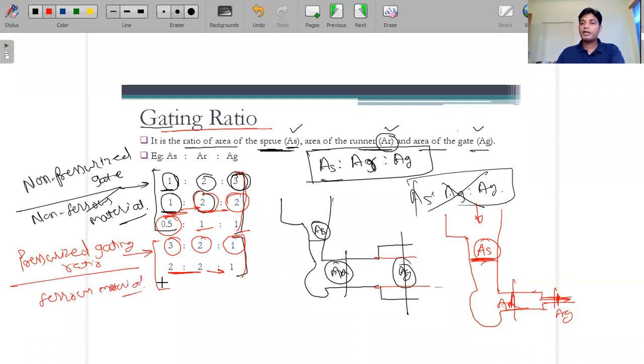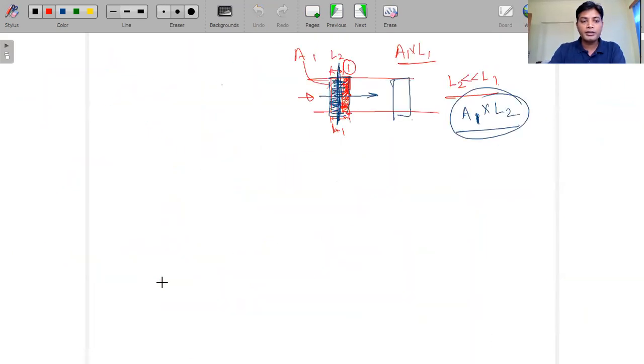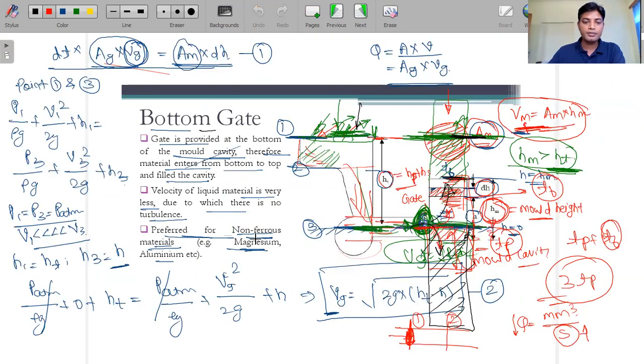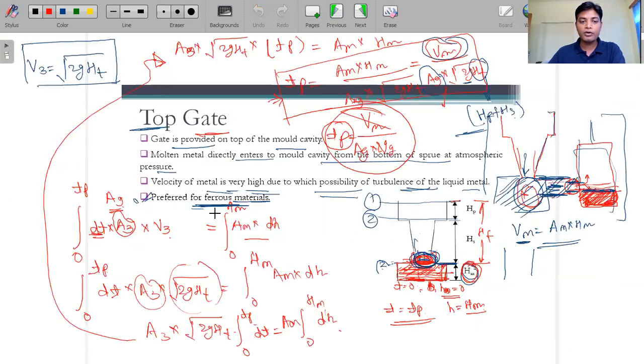Okay, so in other terms, for the top gate I mentioned that it is applicable for ferrous material. The bottom gate is applicable for non-ferrous material, and the top gate is used for ferrous material.